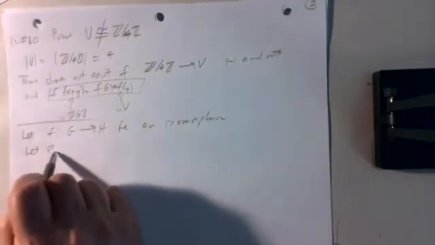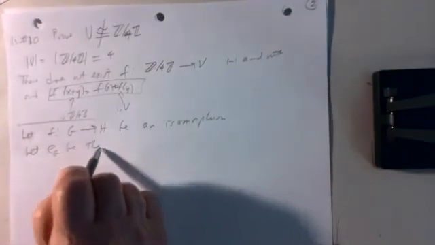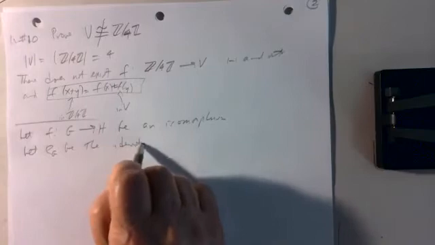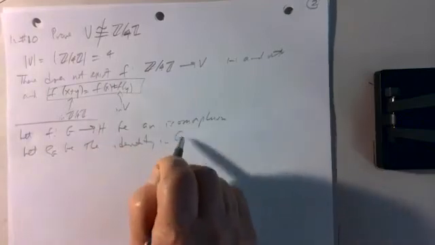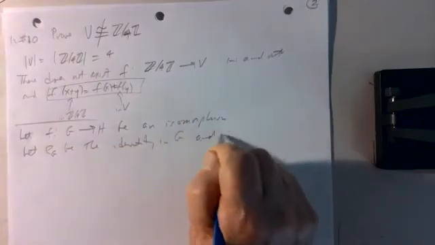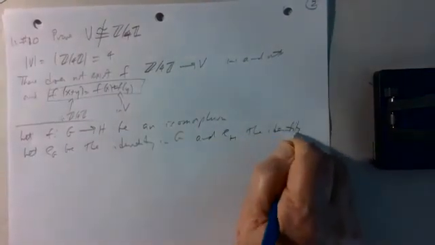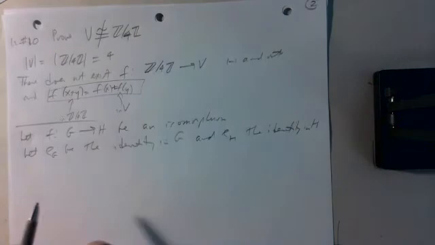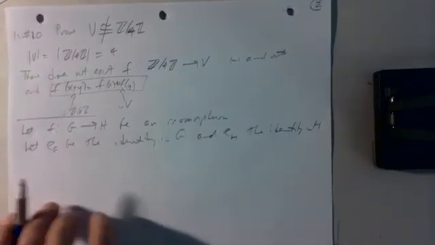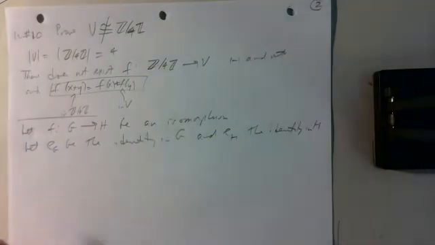Let's say E sub G be the identity in G, and E sub H be the identity in H. And just for simplicity, I write everything multiplicatively because that's the normal way to write a group.